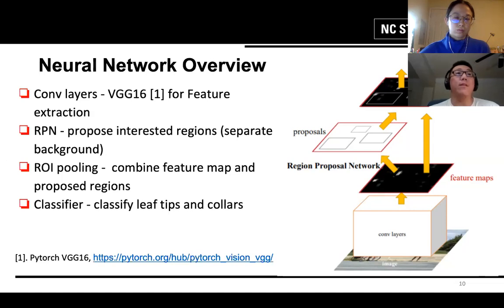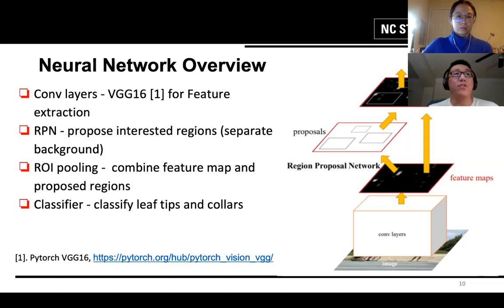The classifier layers will then classify the bounding boxes into two classes: either it is a leaf tip or a leaf collar. And the output of the whole network is the detected bounding boxes along with the class labels with a confidence score, which is basically a percentage showing how confident the network is about the prediction results.